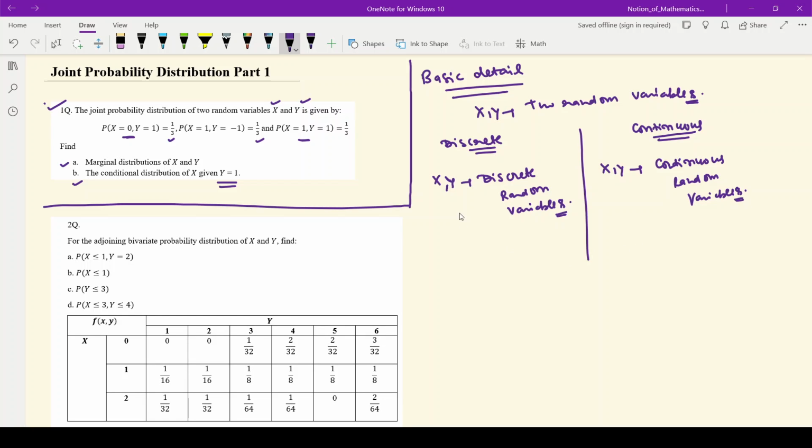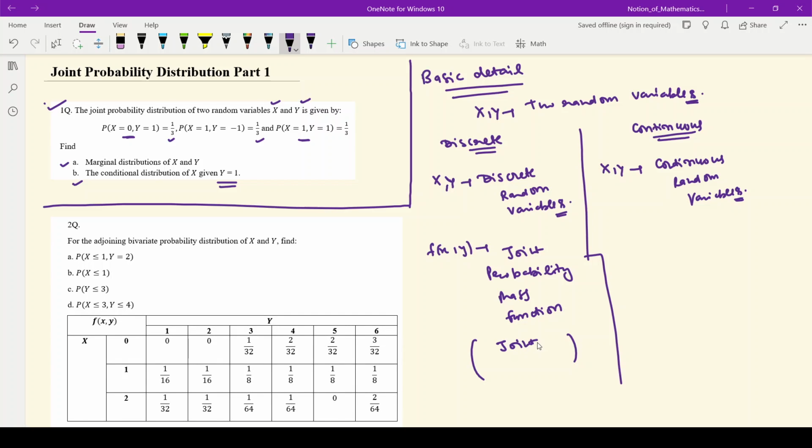So here the probability function f of x y is known as the joint probability mass function, or in short we may write it joint PMF.